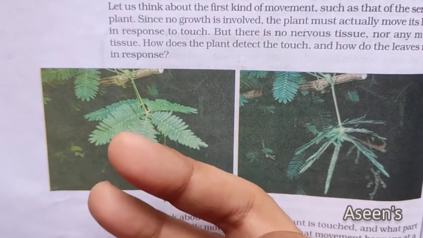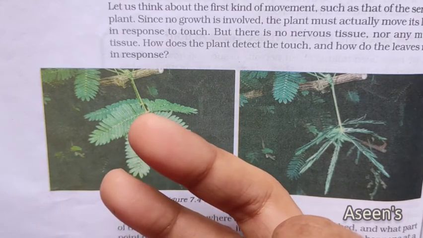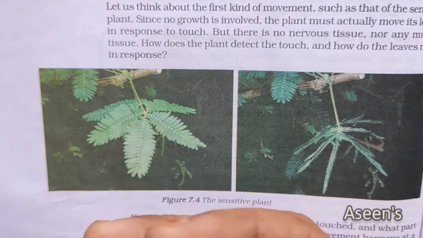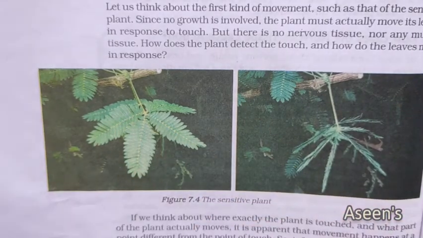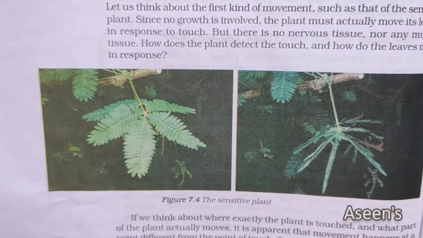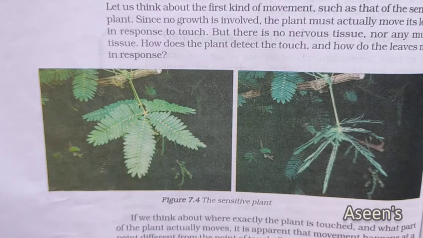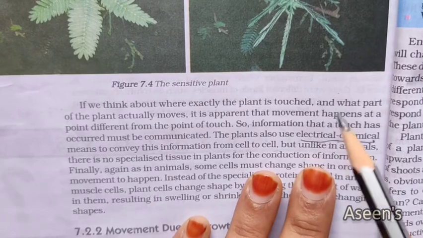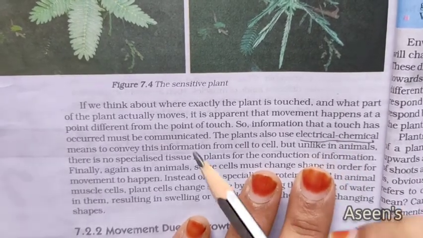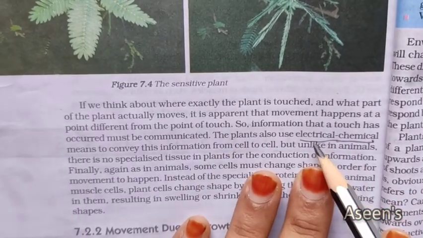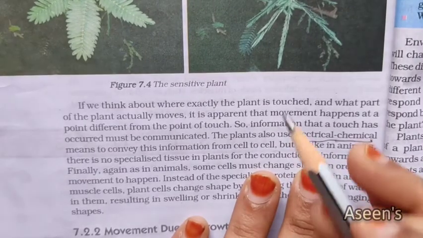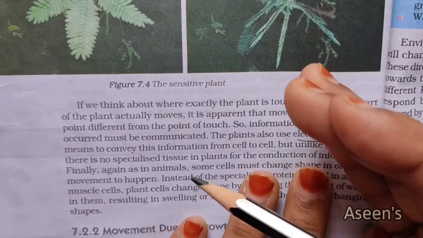We don't have anything even a little bit close to our nervous system. Instead, we have a different and simpler mechanism which uses electrochemical message transmission. This is exactly how the message will be conveyed from cell to cell, in the form of an electrical chemical impulse, and a response is generated.